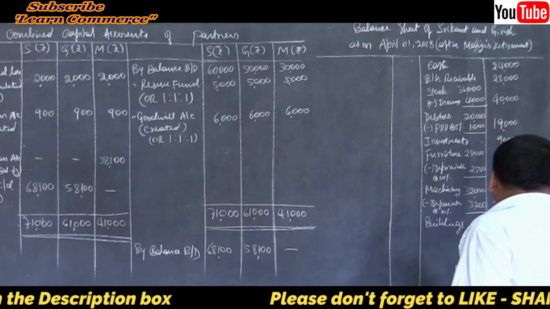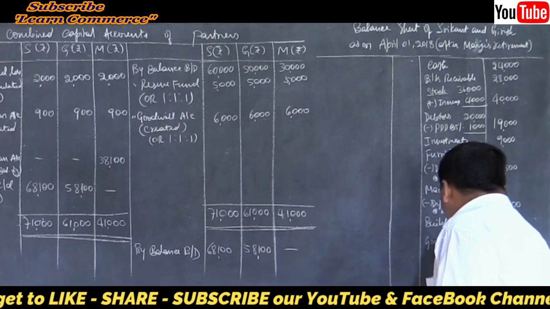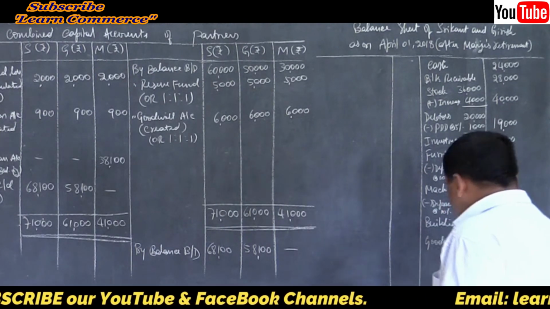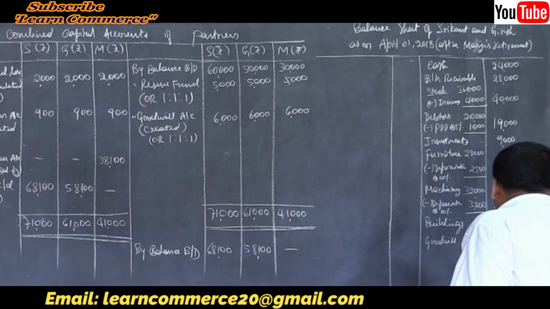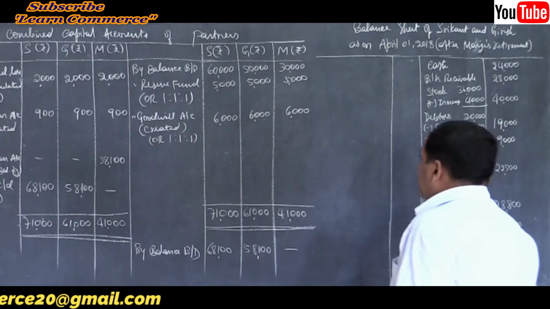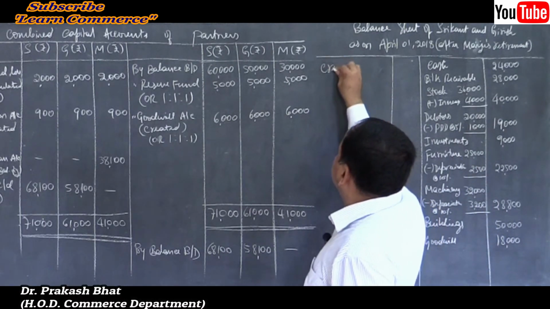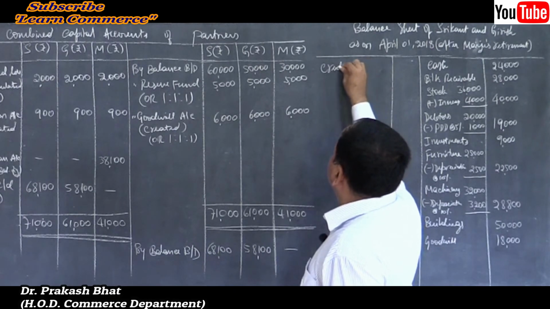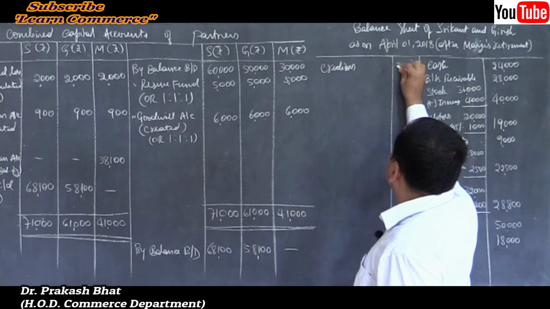Then we have created one asset, do you remember? Goodwill. How much it is? 18,000, right? 18,000. It will appear in the balance sheet because goodwill is not written off, it is only created, that's all. Then creditors on the liability side, asset side over. Creditors, no change as it is. How much? 30,000.